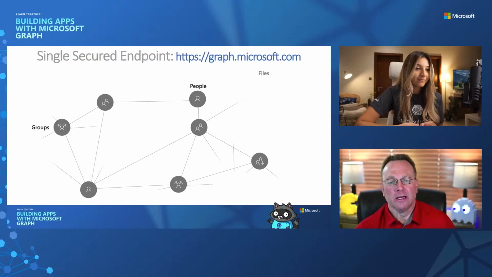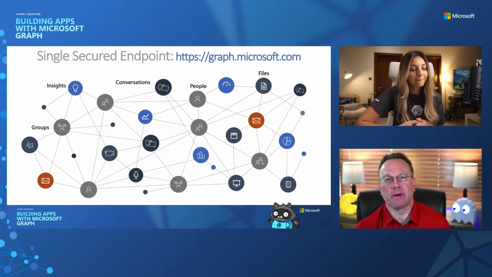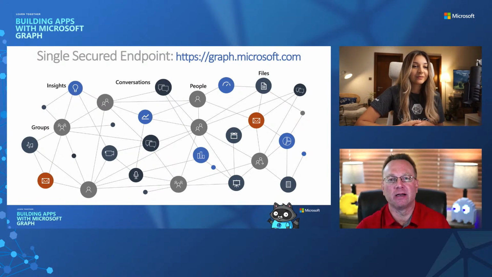Excellent. Okay. One of the problems, though, is we're kind of worried about, does my development team have to learn this API and this API and this API? Or you did mention earlier that it's kind of a unified API. So if we want to get to all this data, how's that going to work there? That's a great question. That's where Graph's power shines.